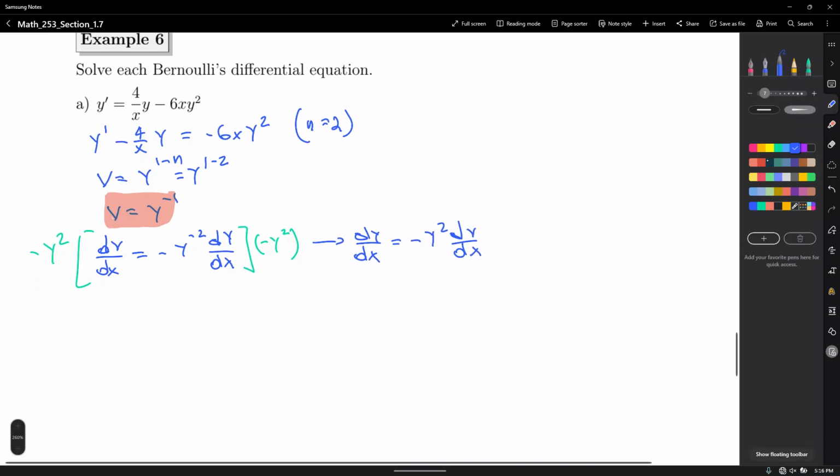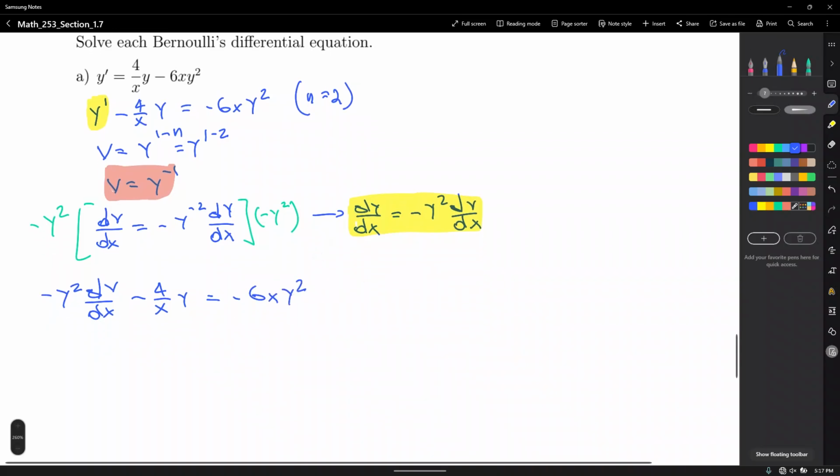So this right here is going to go in the place of the y prime. This will be negative y squared dv dx minus 4 over x y equals negative 6x y squared.